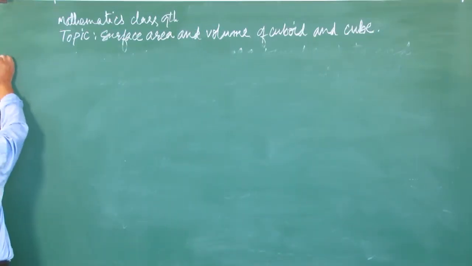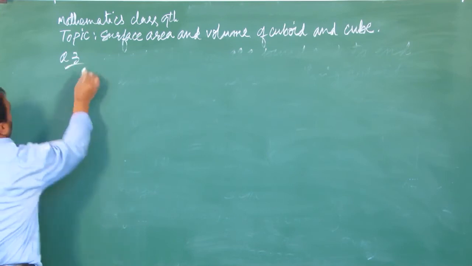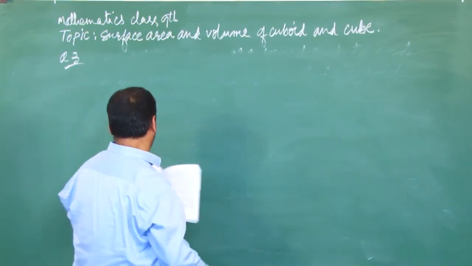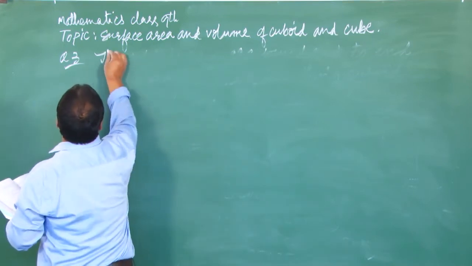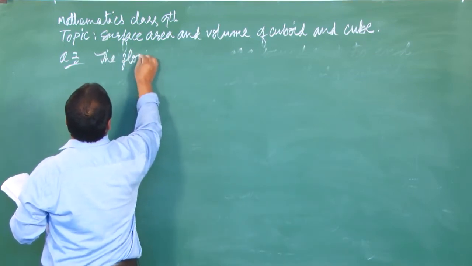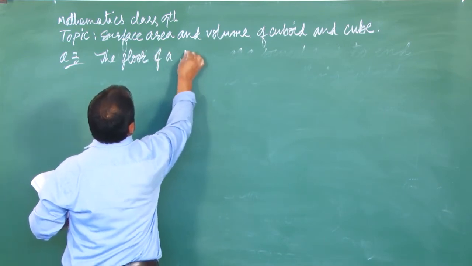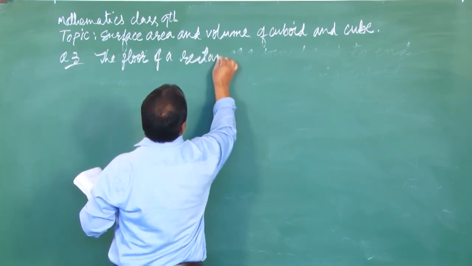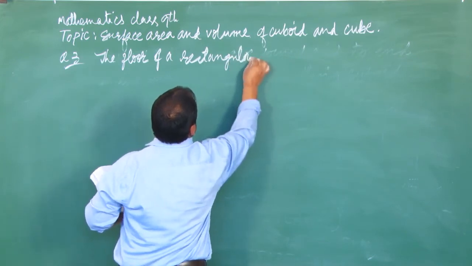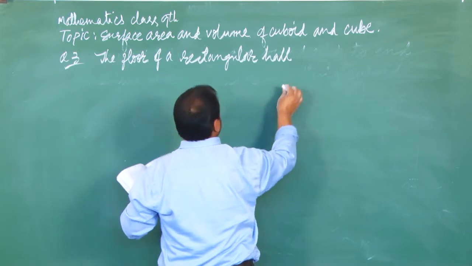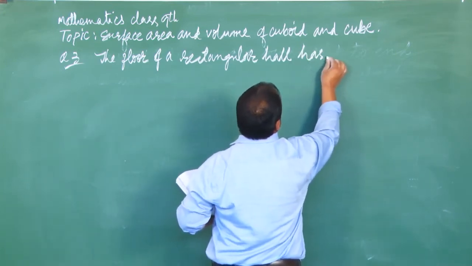There is another practical question, that is question 3 from exercise 13.1. It is given: the floor of a rectangular hall has a perimeter of 250 meters.